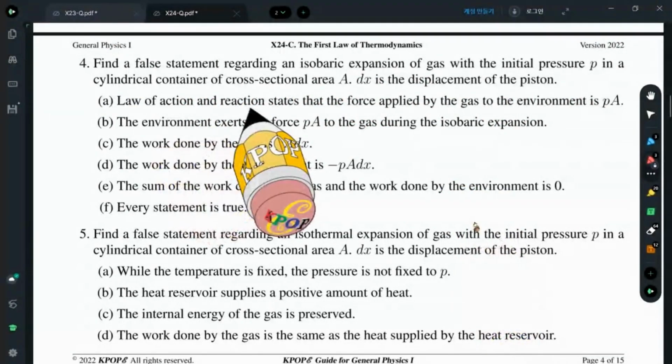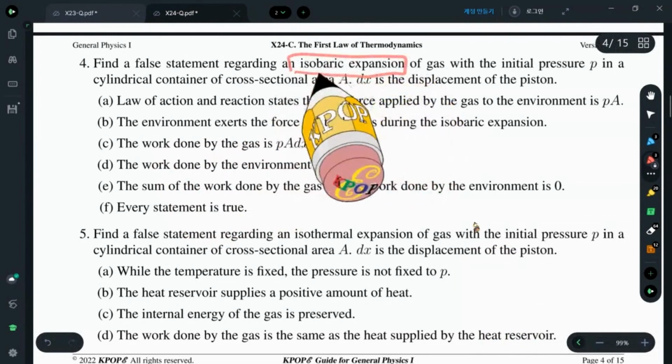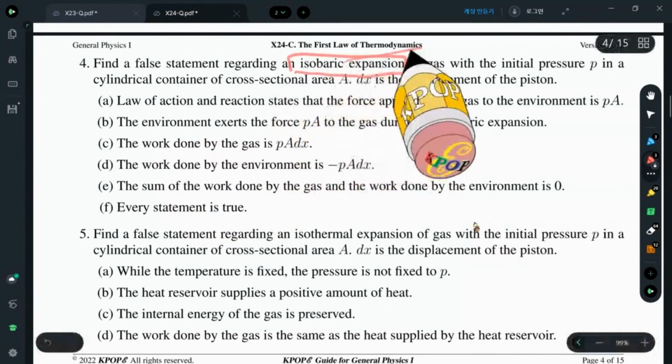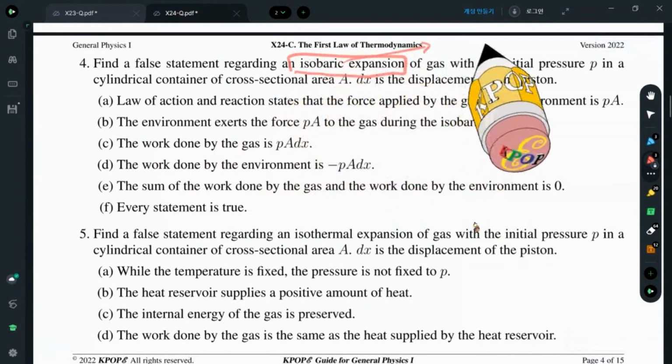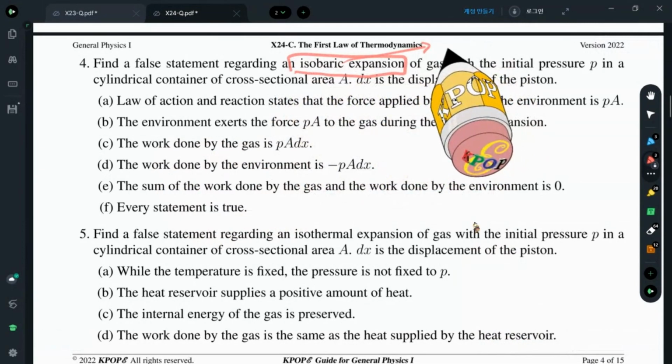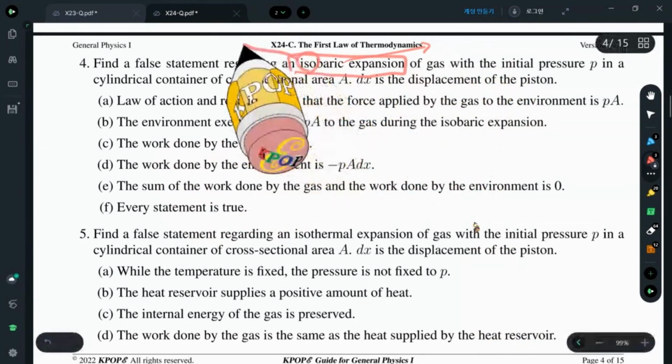Law of action and reaction states that the force applied by the gas to the environment... we have isobaric expansion. Have you heard about the barometer? Barometer measures the pressure. Iso means the same.